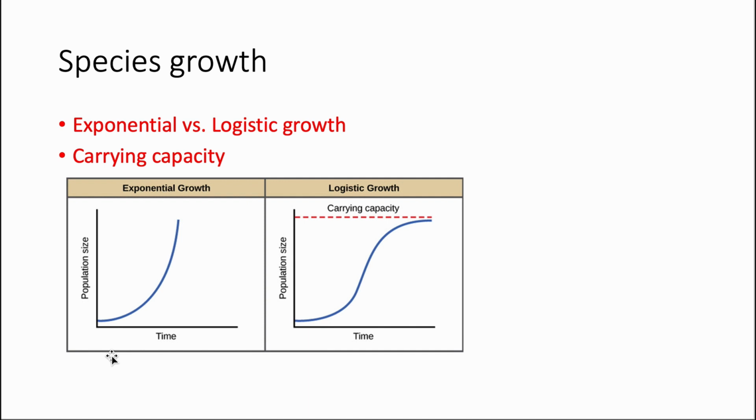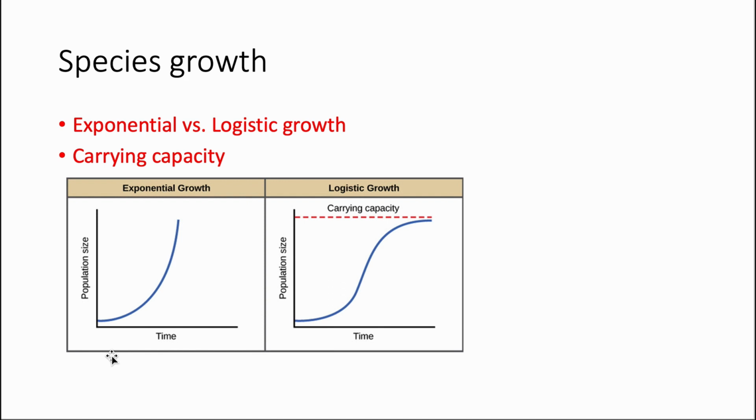Now they're fast reproducing, there is ample space, there is ample food, so they're actually going to reproduce really fast in the beginning when there's all this extra food and extra space.